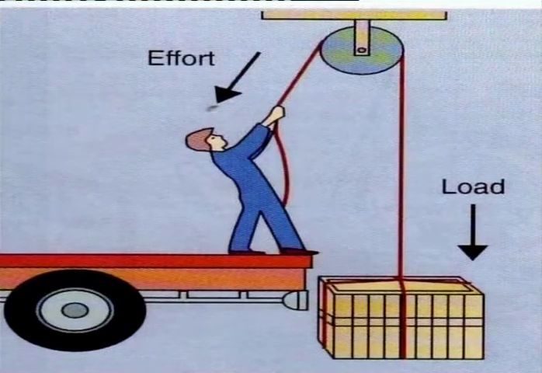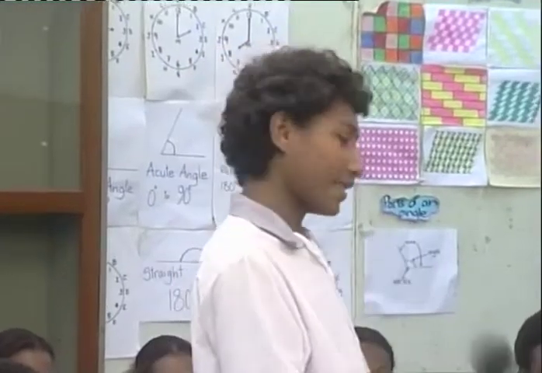You can quickly talk about it, and I'd like someone to tell me what the picture shows. Okay, this is a simple machine. I'd like someone to tell me what that simple machine is. Thank you, Quarry. Pulley. Very good, thank you.